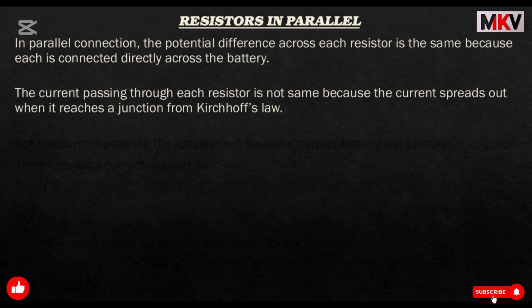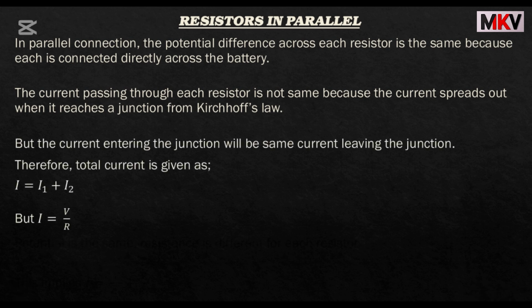But the current through each resistor is not the same because the current spreads out when it reaches a junction, as we will see in Kirchhoff's law. The current entering the junction will be the same as the current leaving the junction. Therefore, to get the total current, we sum the currents leaving the junction and equate that to the current entering the junction. So the current entering the junction must be equal to the current leaving the junction.